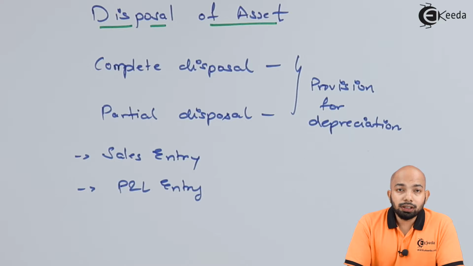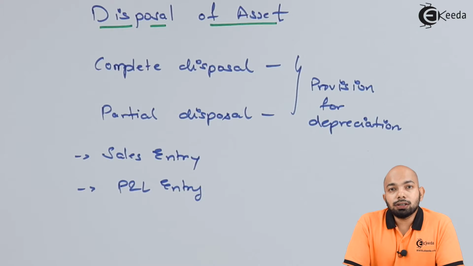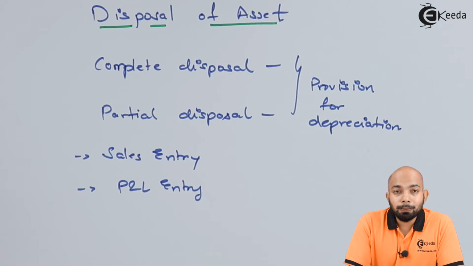Now, there are certain queries that have been raised earlier on this topic when it comes to partial disposal. How can an asset be segregated into parts and sold out? You can understand that there are certain assets which can be dismantled and sold further. There are certain assets which work on the dependency of other assets as well.